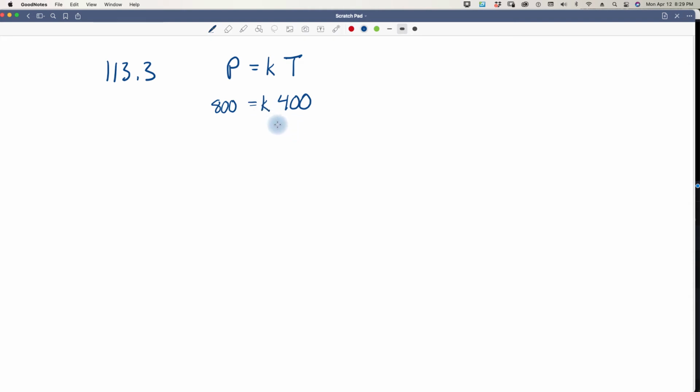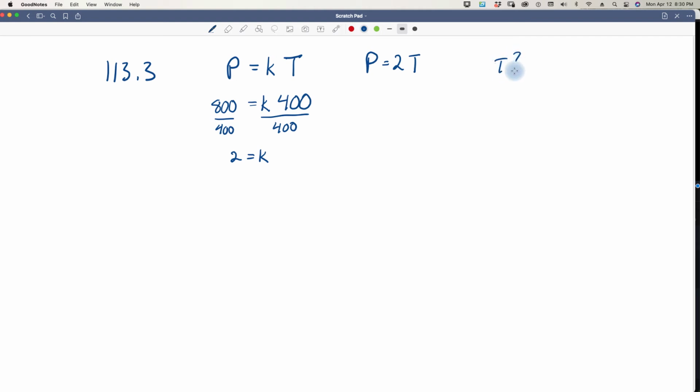So let's figure out our constant. Divide both sides by 400. 2 is our constant. So we can rewrite our formula. P equals 2 times temperature. Pressure equals twice the temperature. Okay? What is the temperature? So this is what we're going to look for.